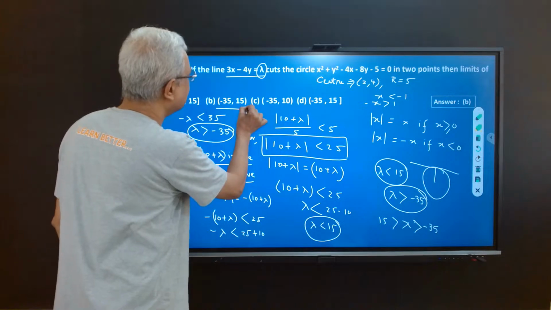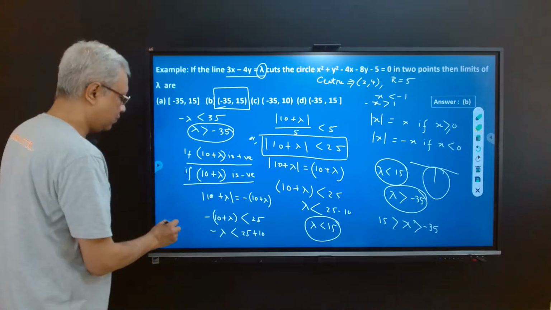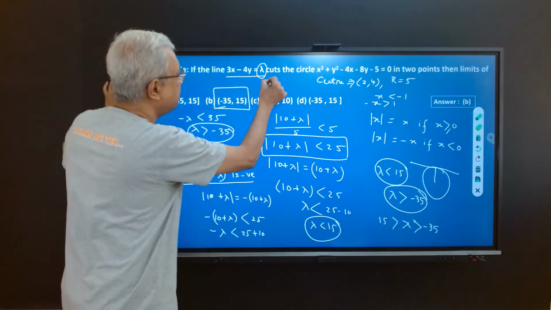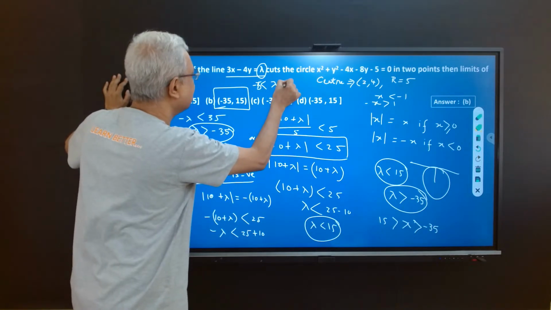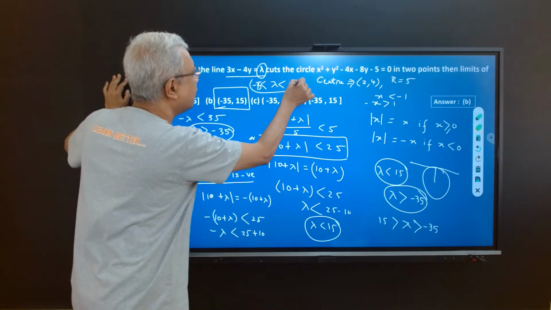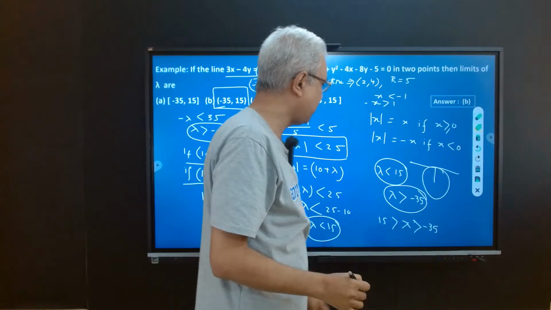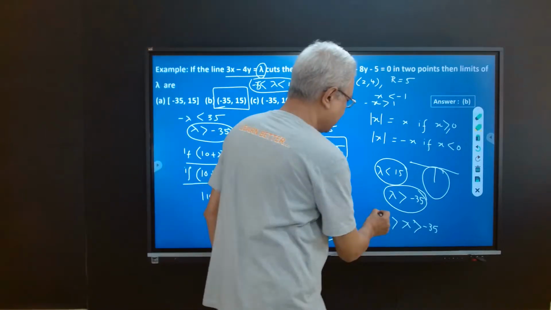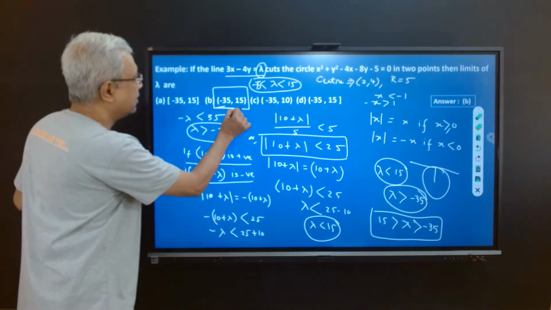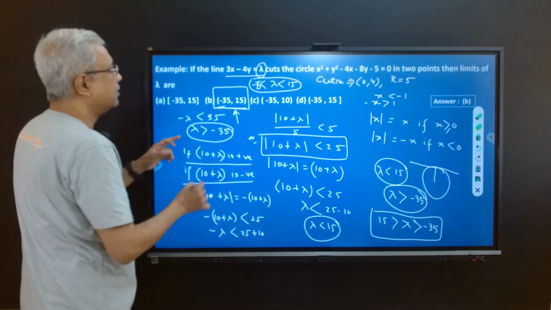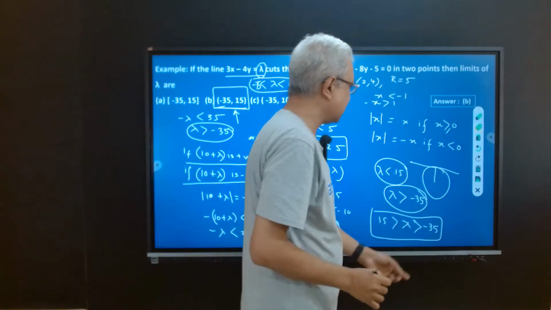As I discussed in the beginning, this condition means lambda is greater than minus 35 but less than 15. So this is the answer: the open interval minus 35 to 15.